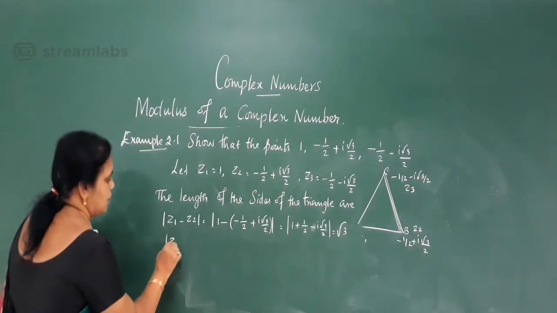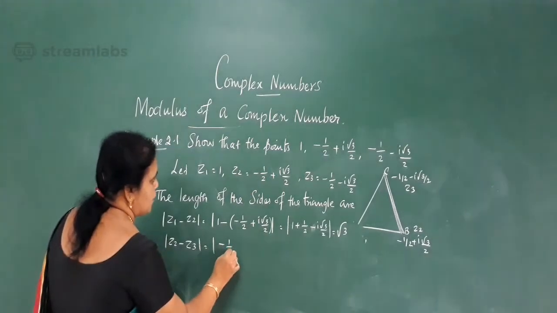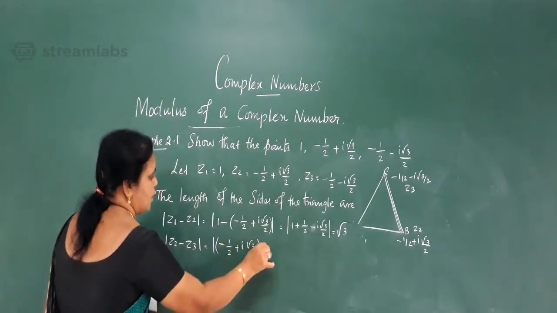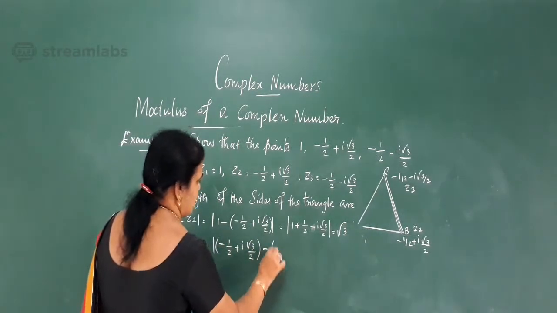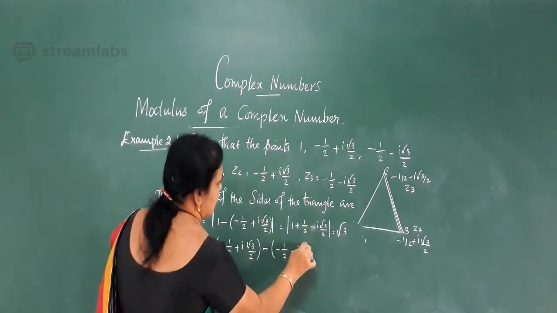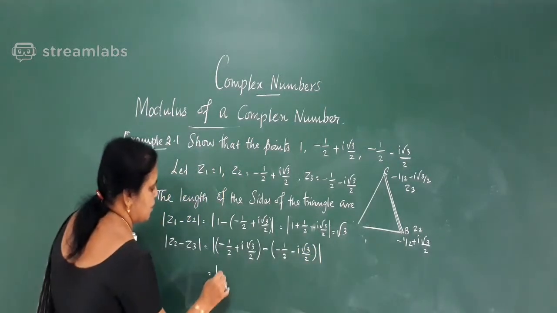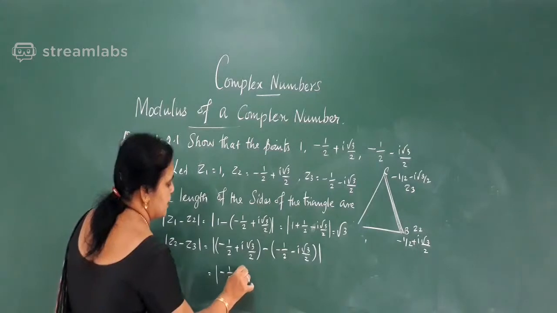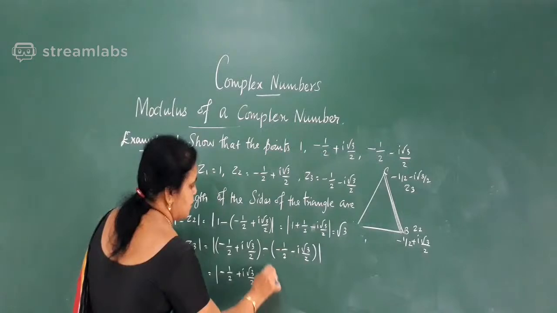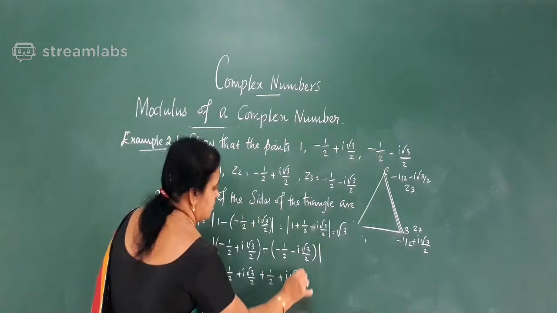Second one, mod z2 minus z3. What is z2? Minus 1 by 2 plus i root 3 by 2, minus z3, which is minus 1 by 2 minus i root 3 by 2. First remove the brackets. 1 by 2 plus i root 3 by 2, minus into minus plus 1 by 2, minus into minus plus i root 3 by 2.